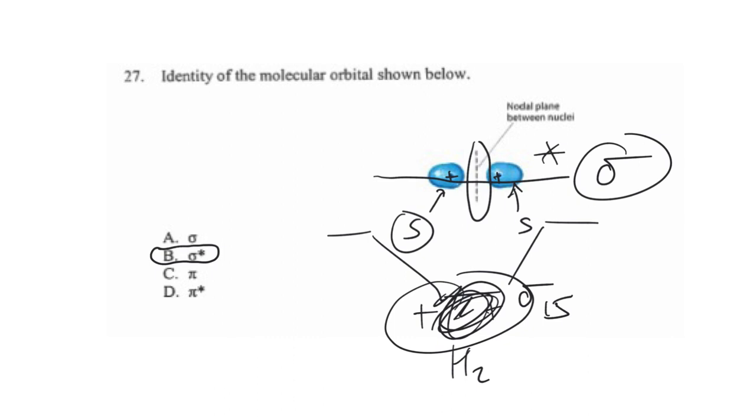There might be other pictures or other slides that we could talk about this some more, but a pi star orbital, we'd have to see what looks like a p orbital. And then the center is the nucleus, so we'd have to see a bigger lobe on the outside, and so we have the greater shading away from the nucleus, so that's antibonding, and then seeing that nodal plane through the nucleus of the atom would indicate that these are p orbitals. And so this would be a sigma 2p star orbital.